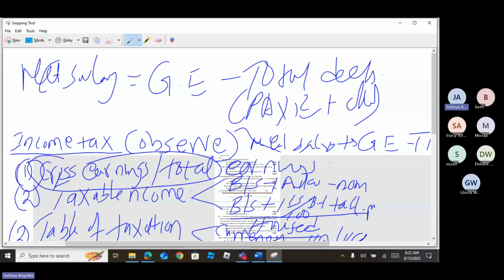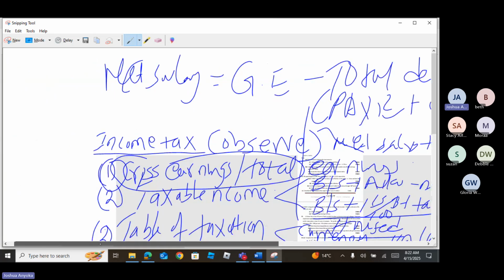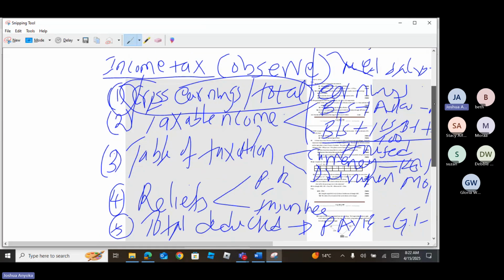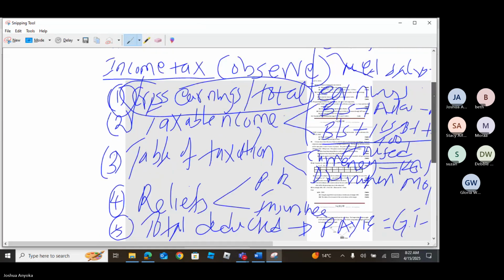So we must be very sober when we are answering a question that is touching income tax. All of these aspects are required, so we need to be thorough. When you see this, how are you going to answer it?